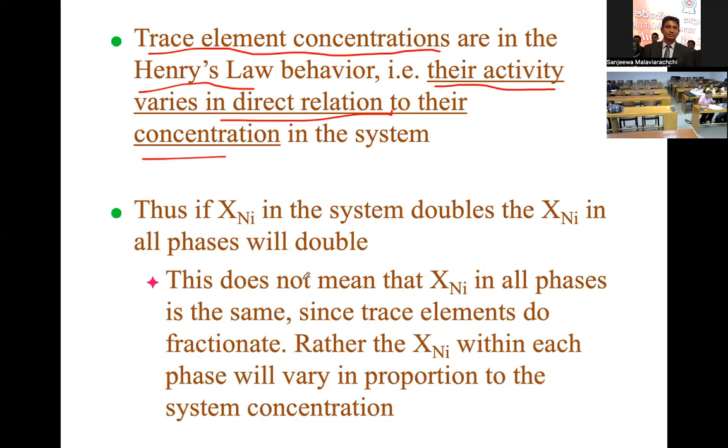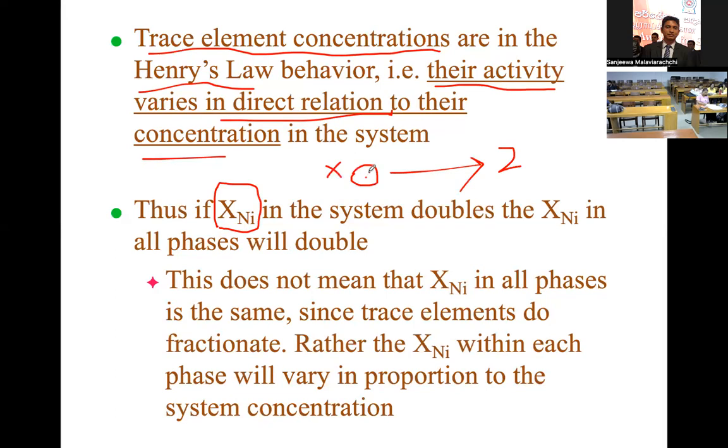For example, if you have X amount of nickel, say the concentration of nickel in a system, not in a phase. Before melting, you have a system, suppose the Earth's mantle, with X amounts of nickel. And if due to some reason you double this in the system, what happens?